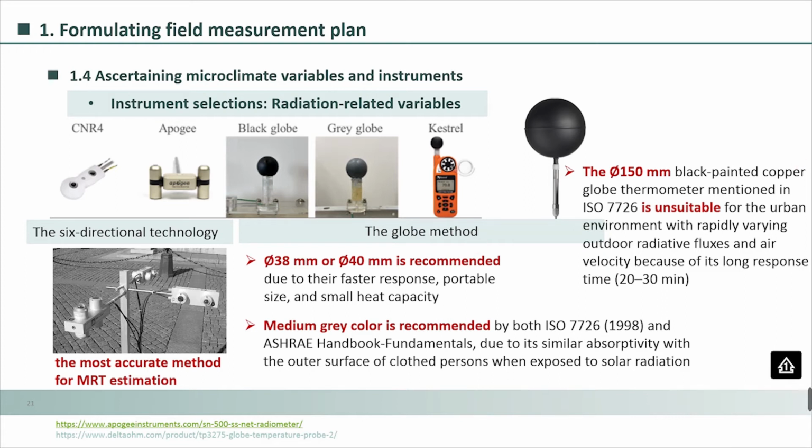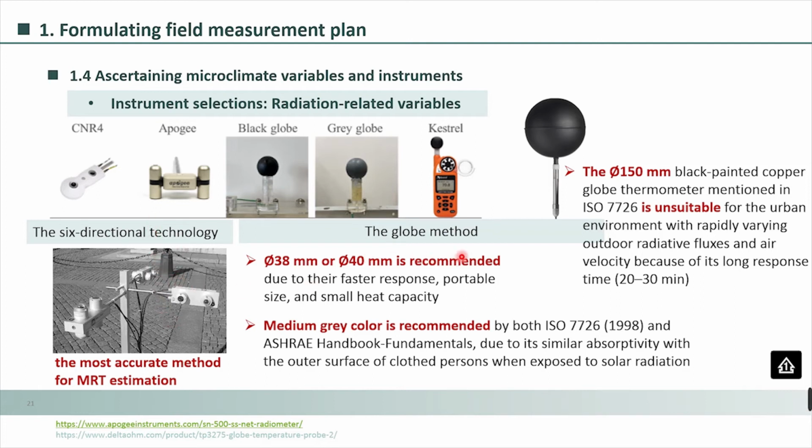Generally speaking, the six-directional method is the most accurate method, but it needs 3 pairs of pyrgeometers and pyranometers. So that means this method is expensive. But if the budget allows, I would recommend this method.